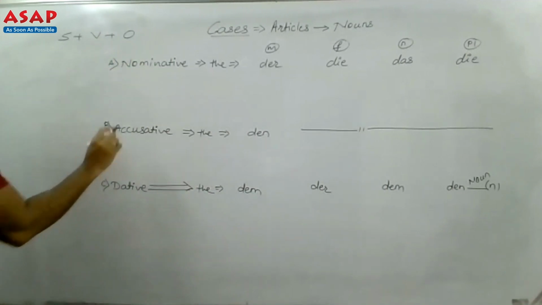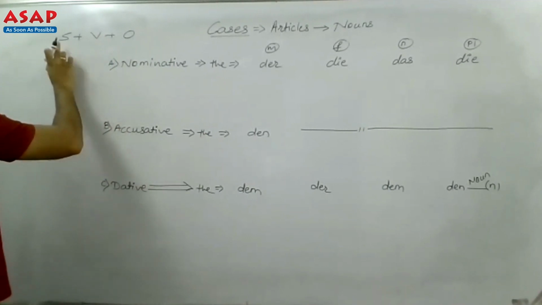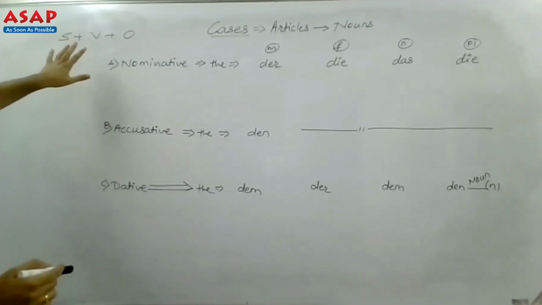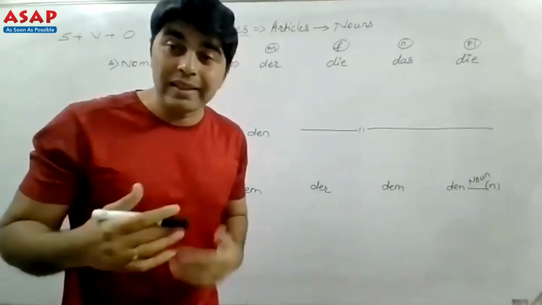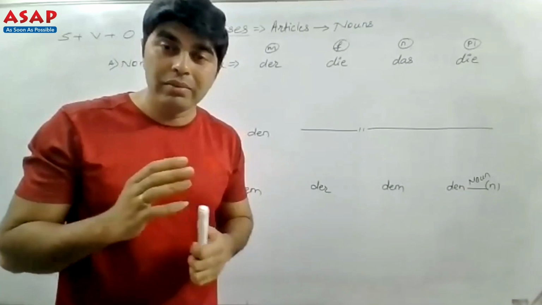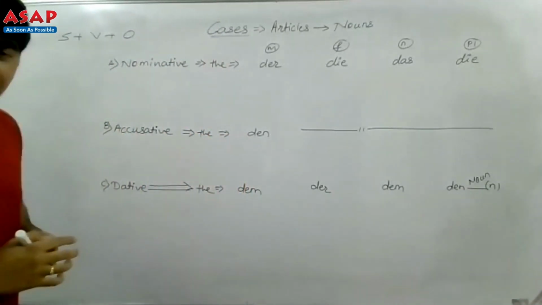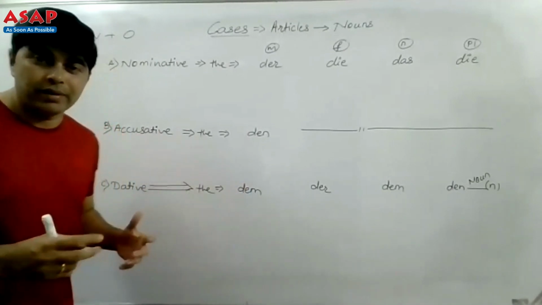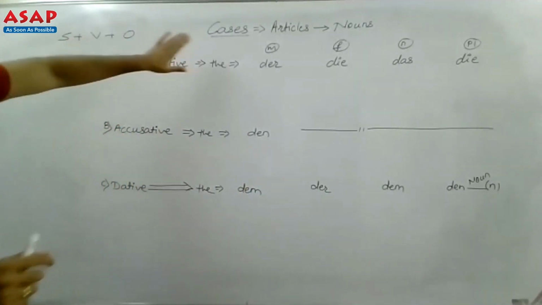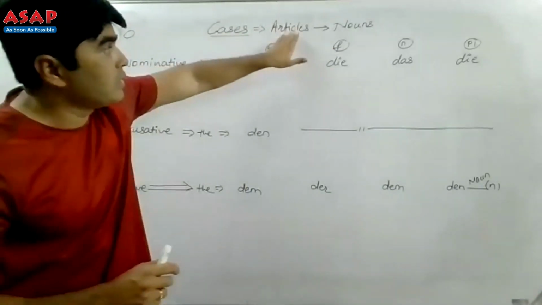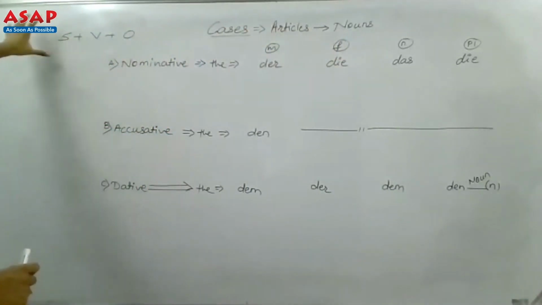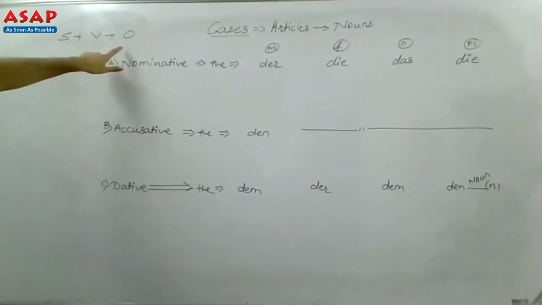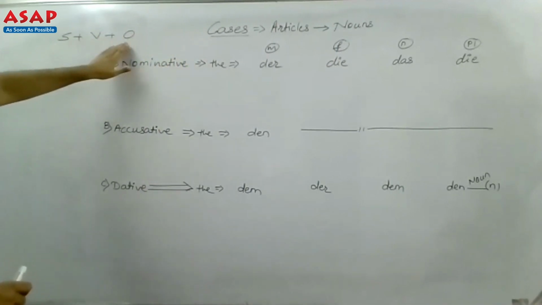Now here, subject, verb, object. We have seen cases are related to what? I will ask a few questions again and again just to check if you are clear with the basic things. Because now here, we are not learning only one rule. We will be learning a bunch of rules. So pay attention. Cases are related to articles. Articles are related to nouns. And where do we use nouns? Subject and object. So cases are related to subject and object.